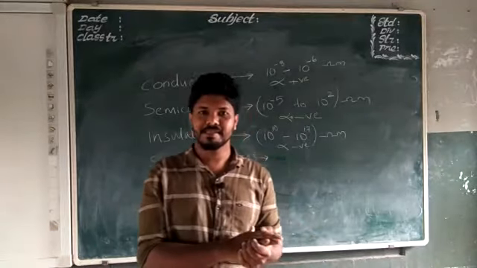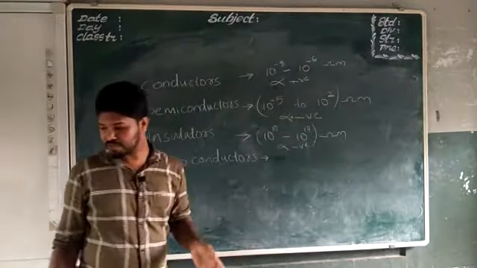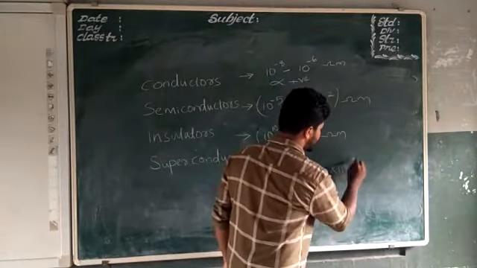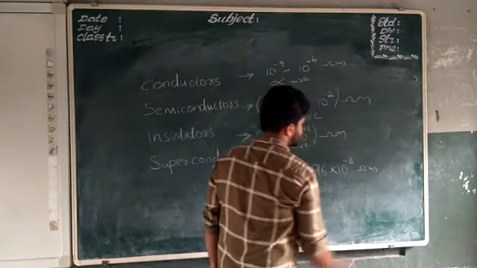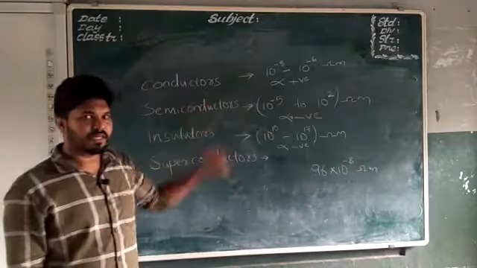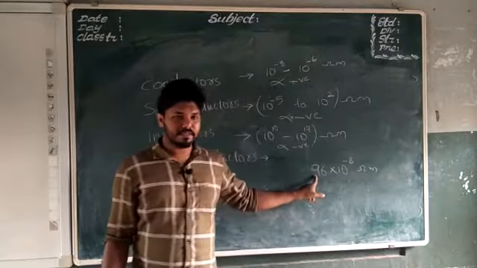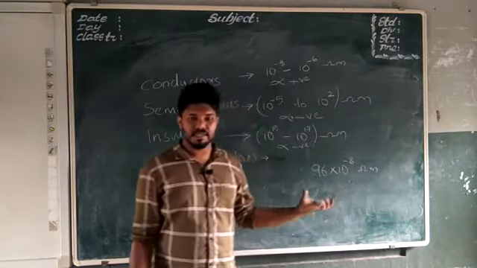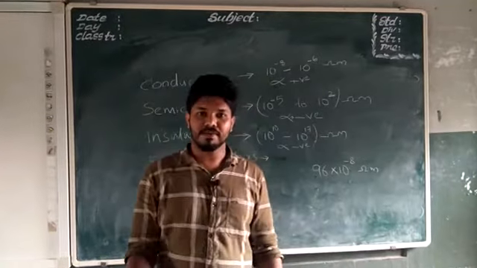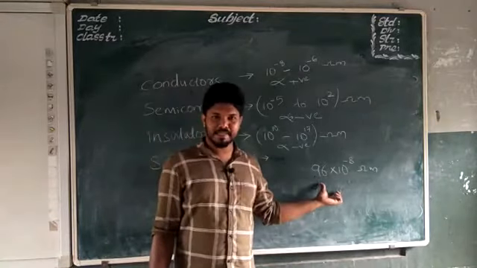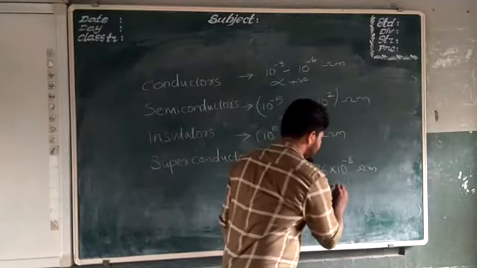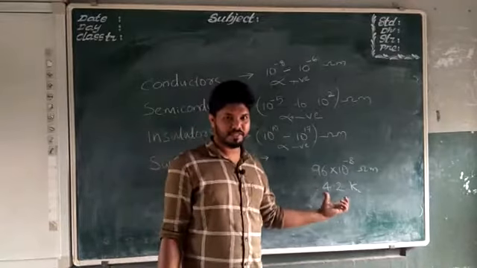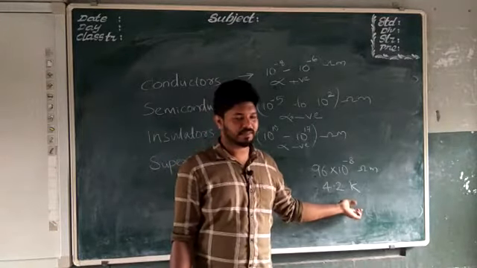He found that the resistivity of mercury is 96 into 10 raised to minus 8 ohm meter. That is, it belongs to the category of conductors. But the resistivity decreased to 0 when the temperature was brought under 4.2 Kelvin.